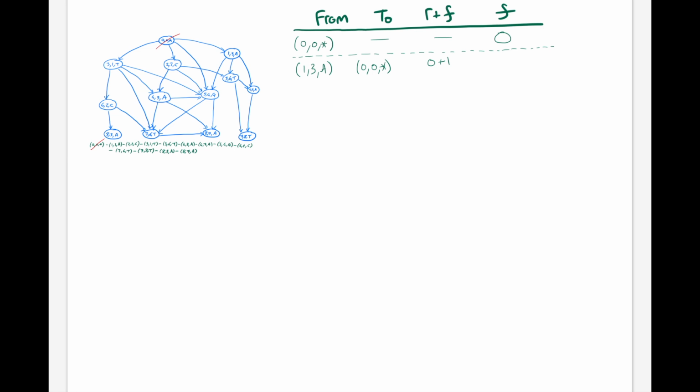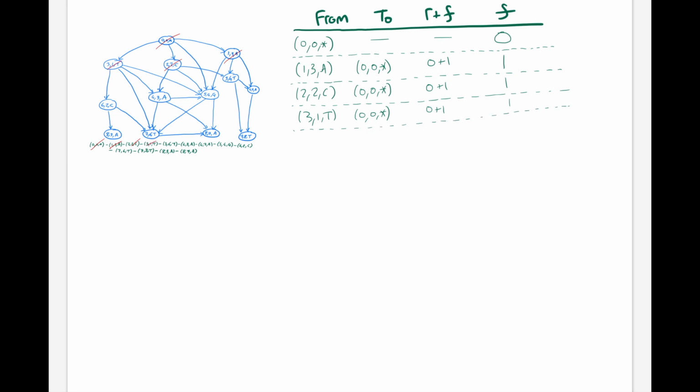That's the only action to take here, and so 1,3A has a value of 1. Now we'll look at 2,2C. From here, we can only go to 0,0,star. Now 3,1T. Again, we can only go to 0,0,star.